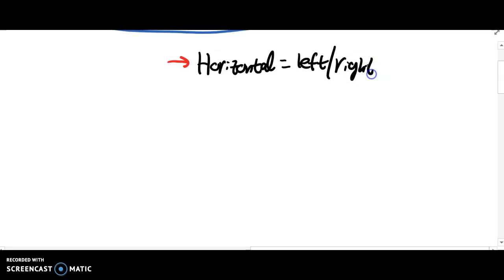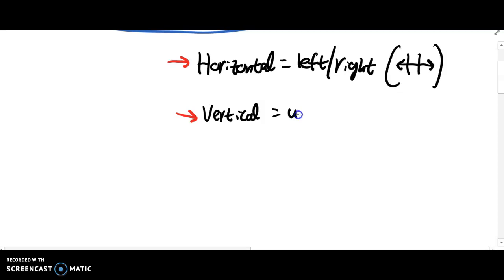You can remember this if you can think of the H as a line going through it, left to right. And vertical is up and down. And you can remember that because the V shape is kind of moving up and down.